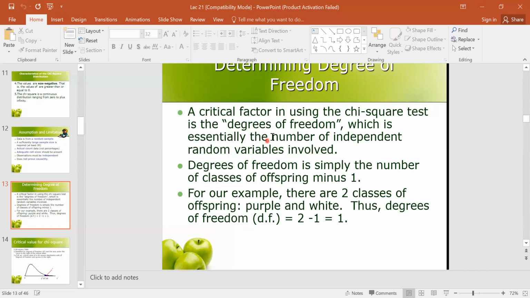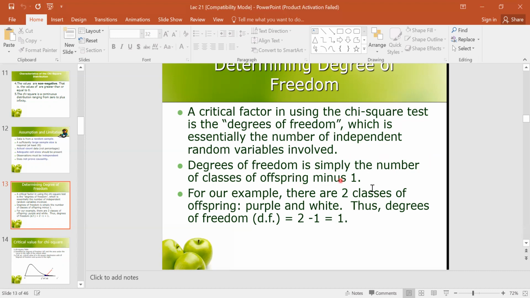So what is degrees of freedom basically? Degrees of freedom is a critical factor which we use in the chi-square test, and it is essentially the number of independent random variables involved. That is how many independent variables we use to calculate the chi-square statistic.